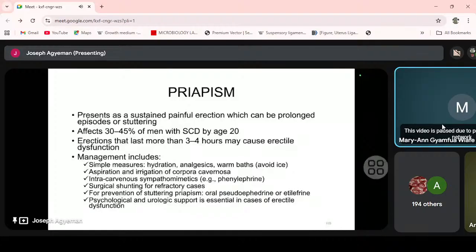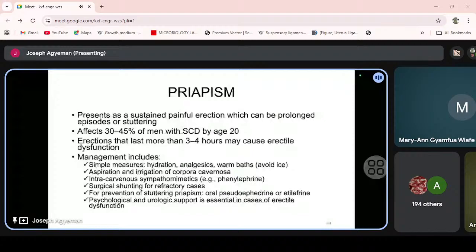If refill occurs, the blood that is coming in there will come with the same RBCs, that is sickle. Another episode will occur. So you aspirate, then you vasoconstrict to prevent a refill. Refill can cause the recurrence of the sustained erection.